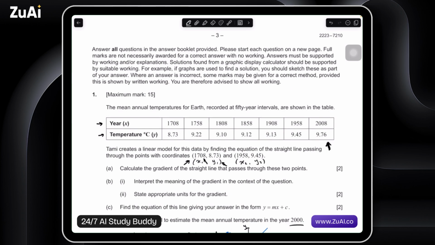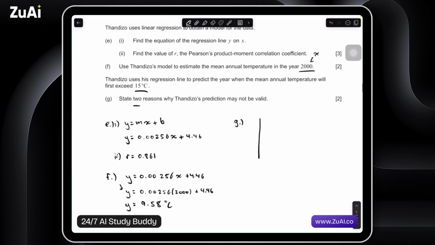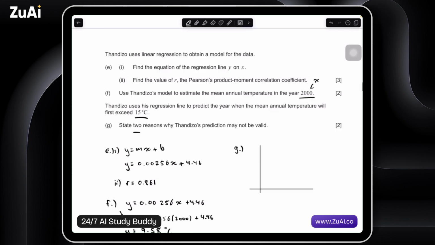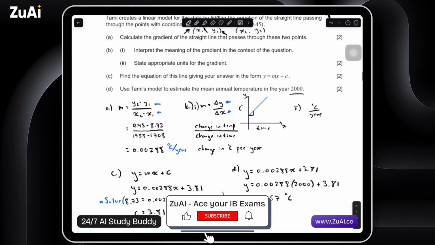It ends off at the year 2008, and it ends at temperature 9.76. And what Thandiso wants to do is predict when we might expect to reach this mean annual temperature of 15 degrees Celsius.